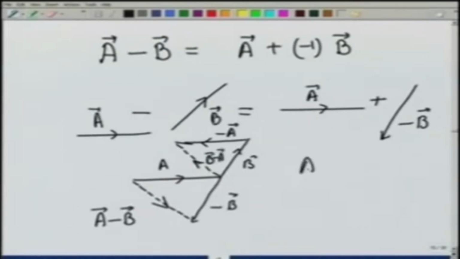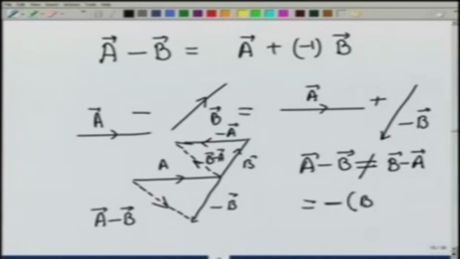So, you can see that a minus b is not the same as b minus a, but through the graph you can see very easily that a minus b is equal to minus of b minus a.